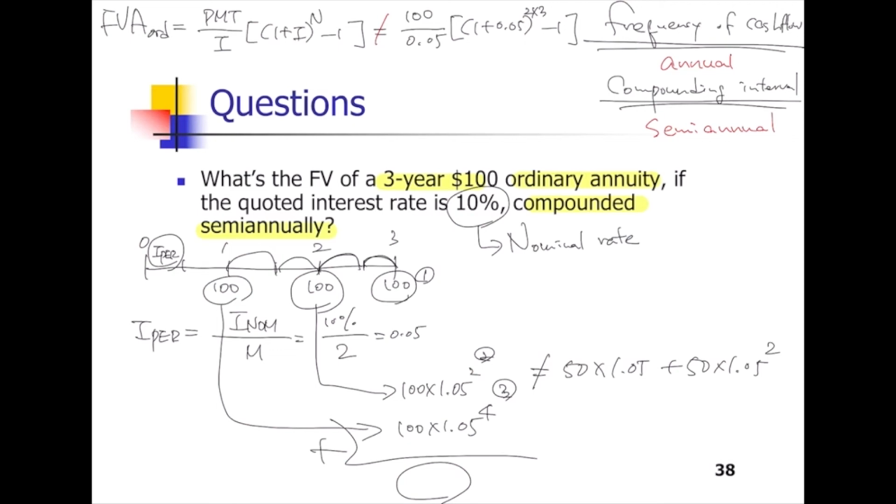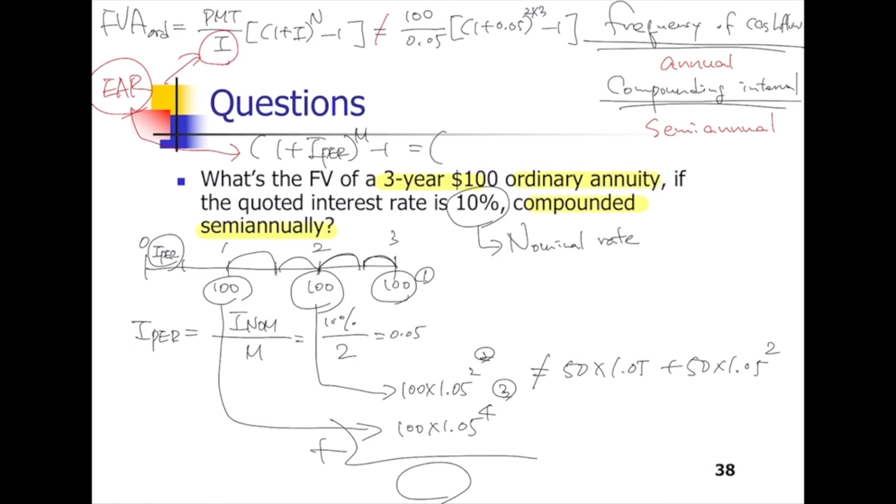So in this case, the I should be EAR, because the frequency of cash flow and compounding interval are different. So how can I calculate the EAR? EAR can be calculated by this formula: (1 plus the period rate) power of the number of compounding periods, minus 1.